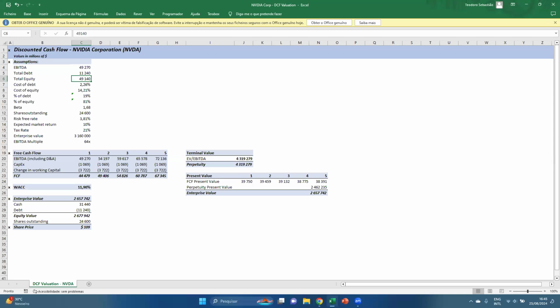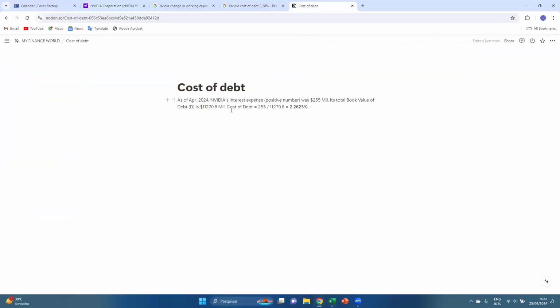The cost of debt I also had to calculate. I had a formula here. Basically, it's going to be the interest expense that you had in that period divided by the total debt, as we have here. The interest expense that they paid was 255 million, and their book value of debt was 11,000 million, basically.